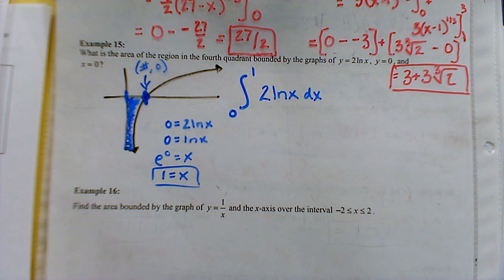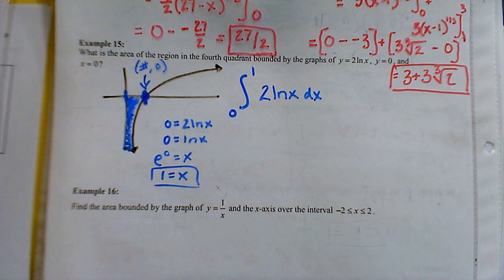All right. Can we think about how we can work backwards from 2 natural log of x? Think about your techniques. Reverse power rule probably isn't going to be good here.